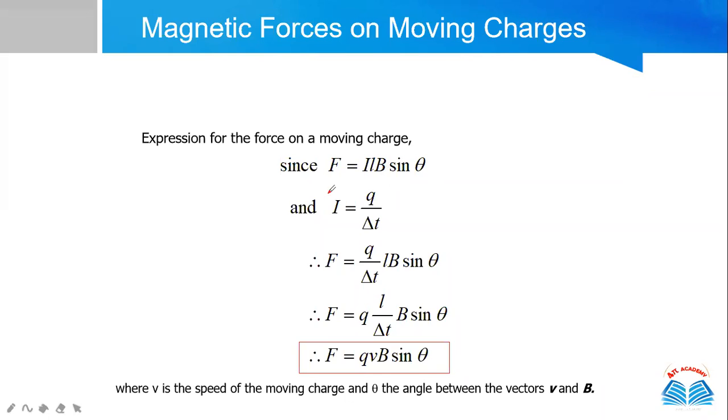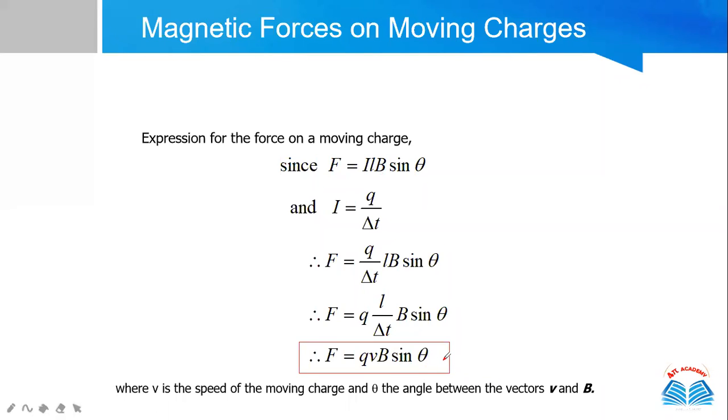And we know that current equals charge per time, so Q over T. So we can replace I, and F will be equal to Q over delta T, L B sine theta. I'm just putting this delta T below this L, and this L over delta T will become the velocity. Distance upon time is always the velocity.